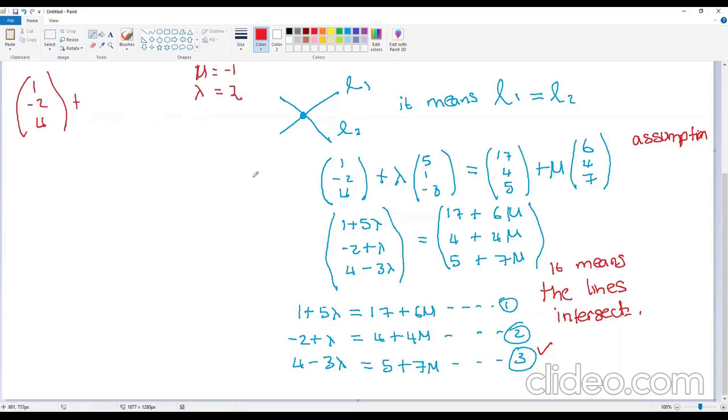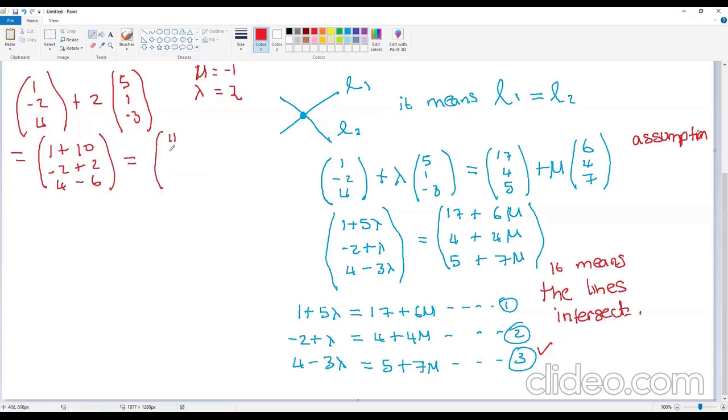So now I just take this 2 and put it here, 2 times (5, 1, -3), which is equal to 1 plus 10, -2 plus 2, 4 minus 6, and that will be (11, 0, -2). That's the point of intersection.